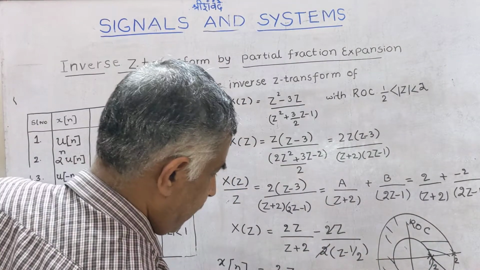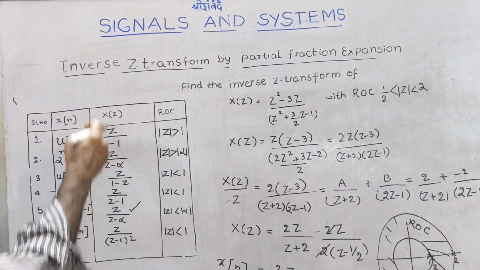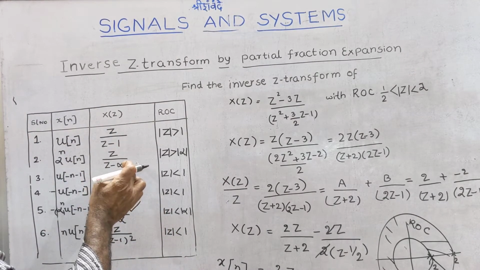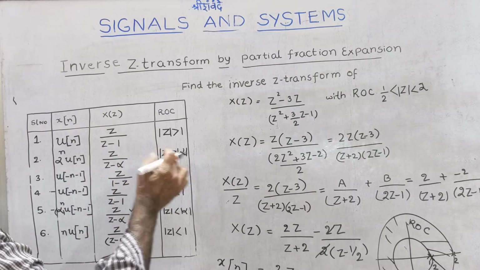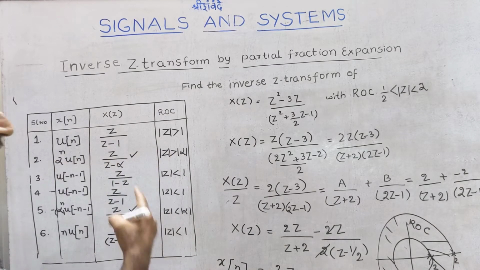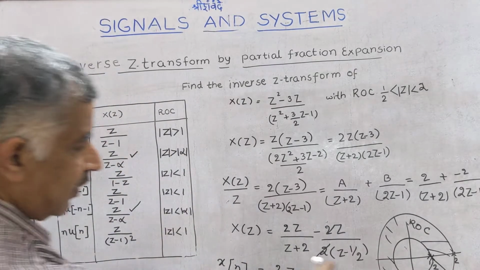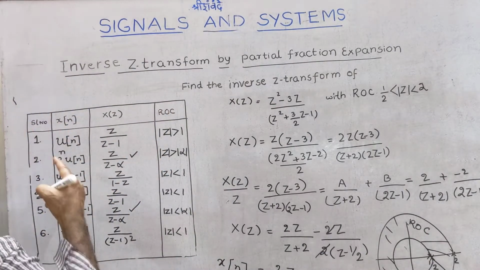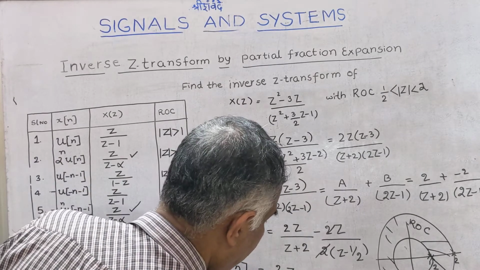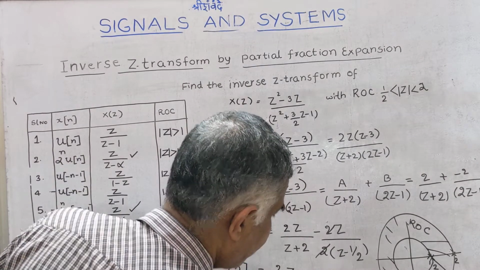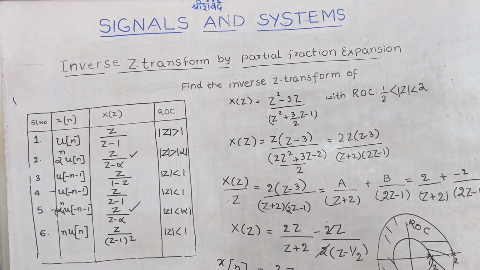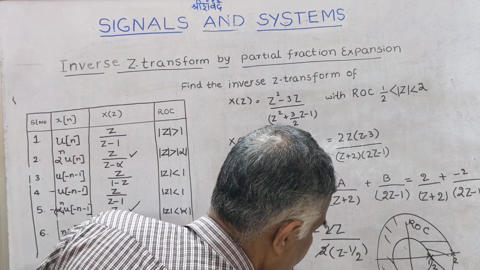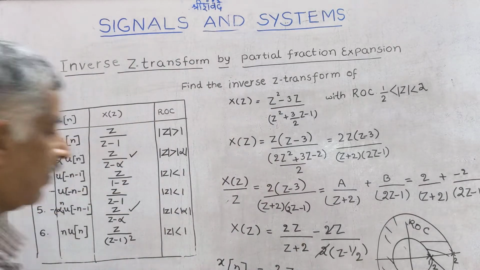Comparing with the expression Z over (Z minus alpha), mod Z greater than alpha, for this term I have to write alpha to the power of n, that is half to the power of n, u of n.